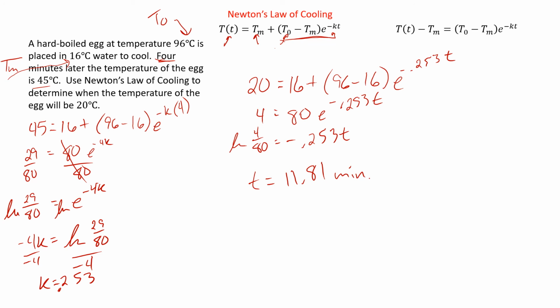The other thing with Newton's law of cooling is if we took that Tm and we subtracted it over to be here, this now becomes just an exponential equation. And so we can make a model, we could do regression if we have data. Because remember, the regression gives us y equals a times b to the t.